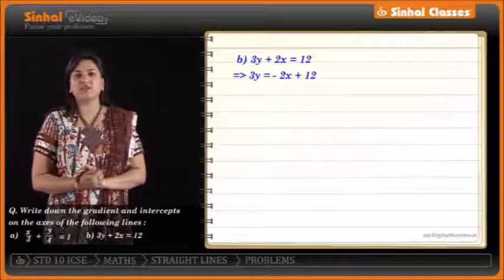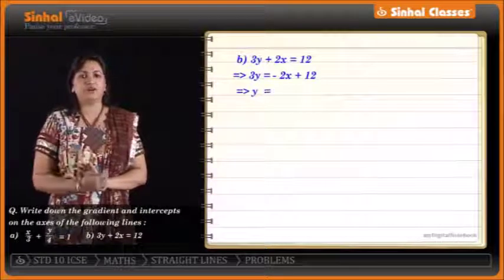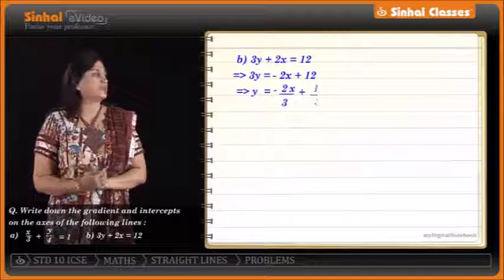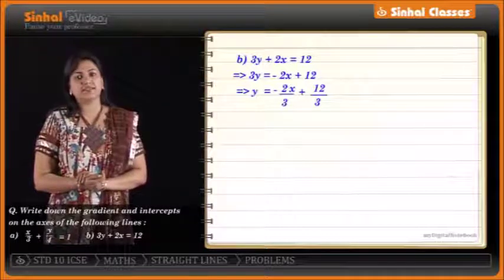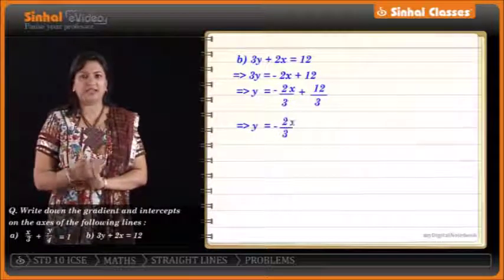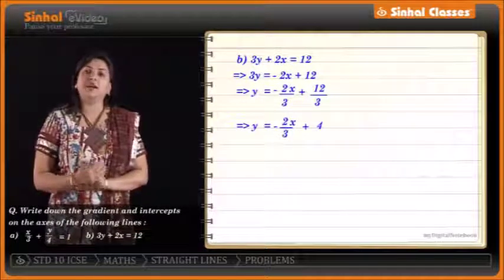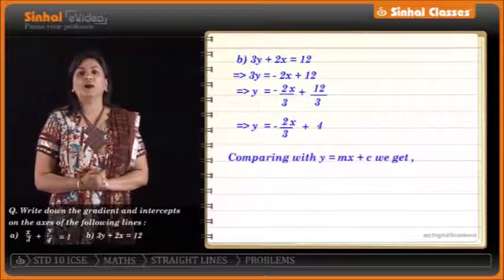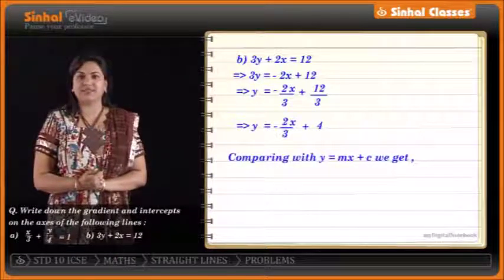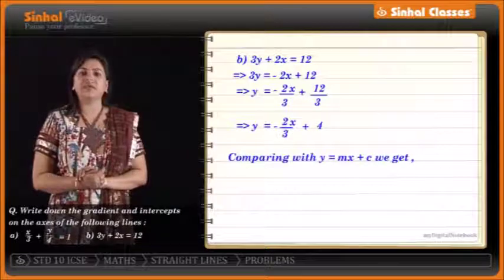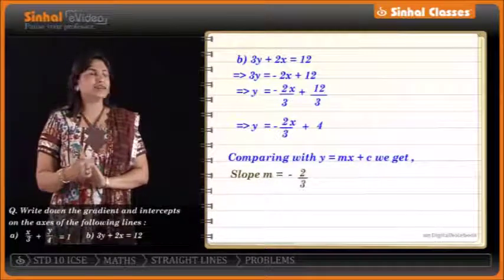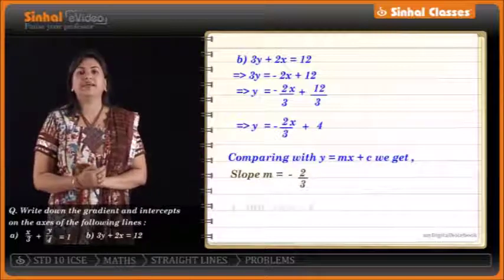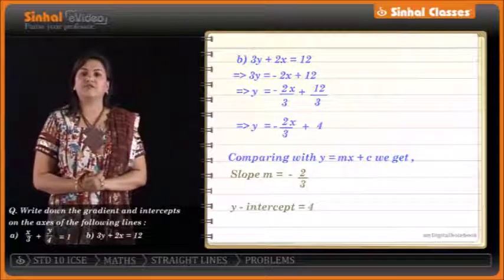That is, y is equal to minus 2 by 3 of x plus 12 by 3, which can be simplified further as y is equal to minus 2 by 3 of x plus 4. Now we compare this with y is equal to mx plus c. We get m, that is the slope, as minus 2 by 3, and here c is equal to 4, that is, the y-intercept is 4.